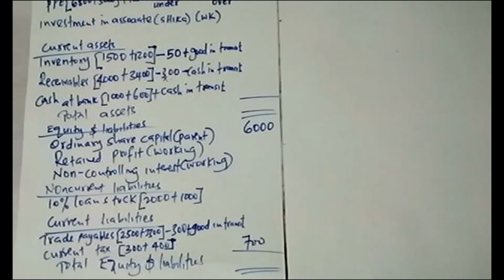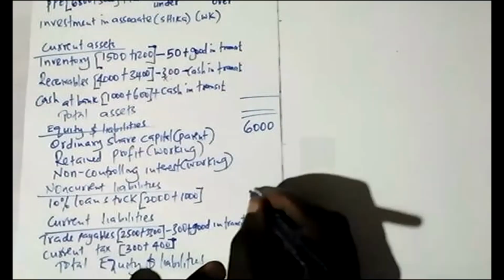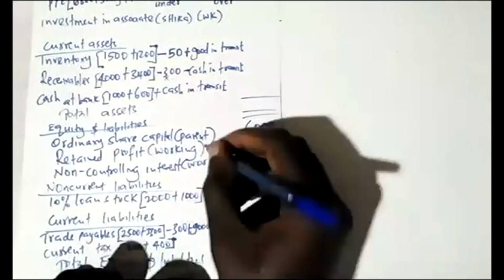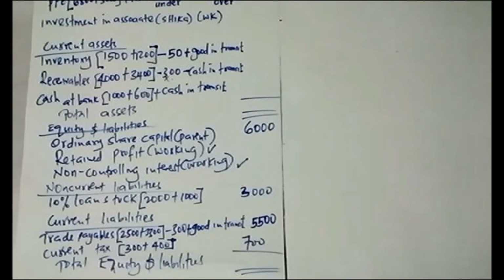The next one, I can see we can add direct. This one is 25 plus 33 minus 300, that is 55. This is 3,000. These and these need workings. Then for the cash at bank, that is 1,000 plus 600, that is 1,600.